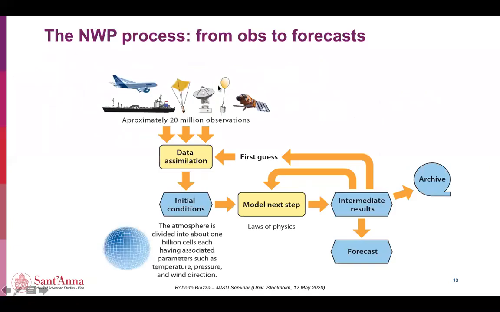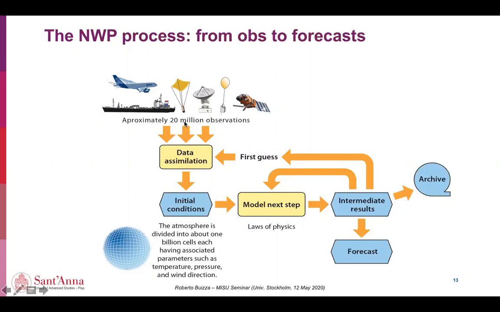Well, if we think about the process that leads to the generation of a weather forecast, we start from observations, which are used to estimate the state of the atmosphere by comparing them with our first guess of the state of the atmosphere, which is usually a short-range forecast.